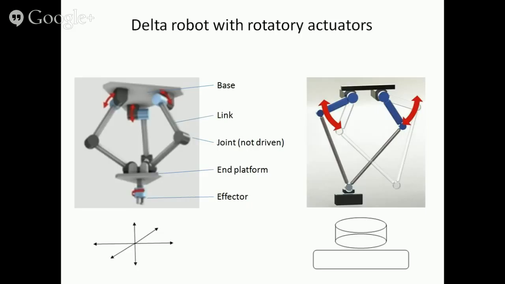Another special type of robot is the delta robot or parallel kinematic robot. Unlike other robot arms, its base is on top and its end effector or gripper is above a surface, a platform or a conveyor, for instance.